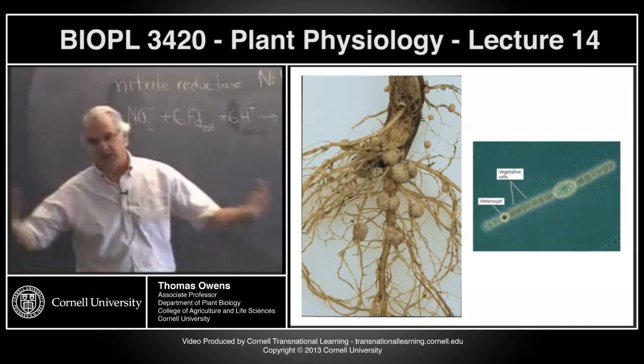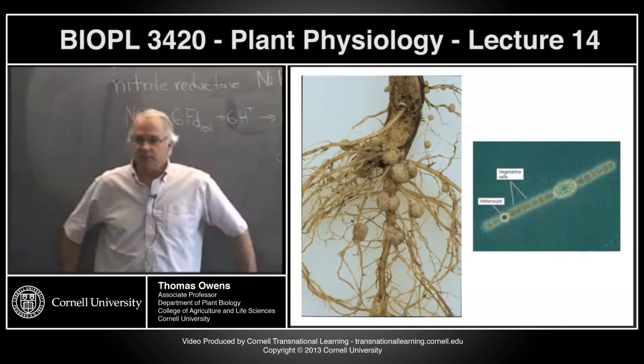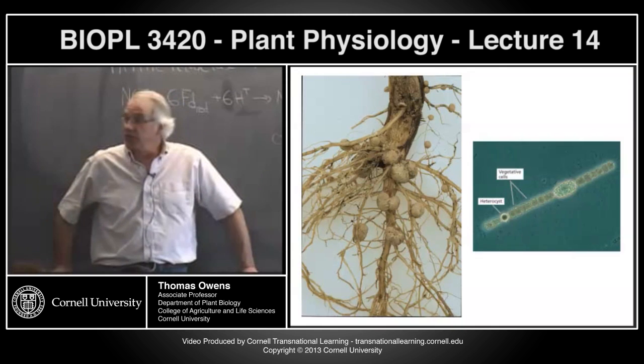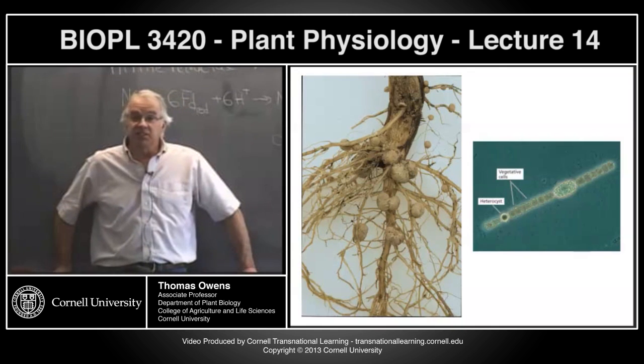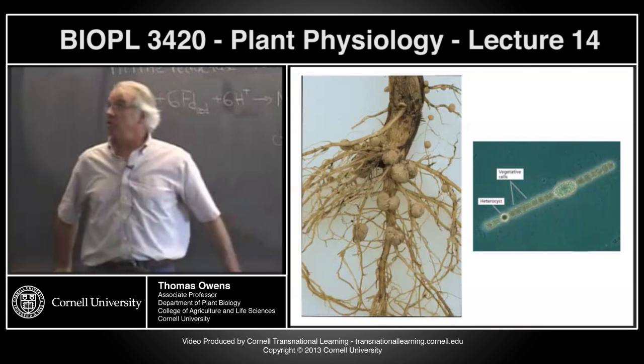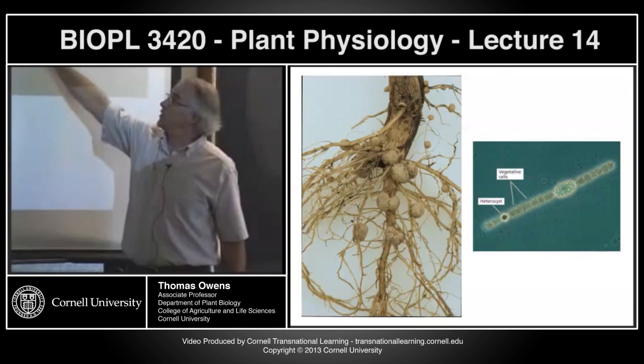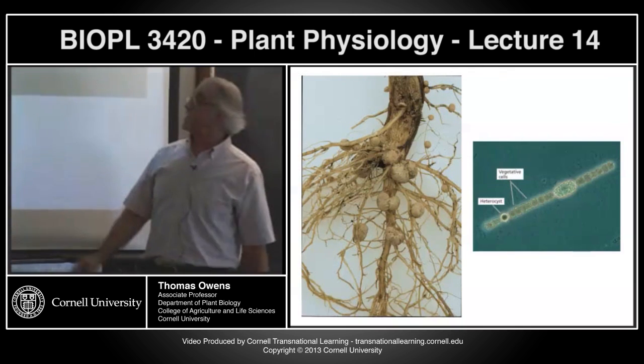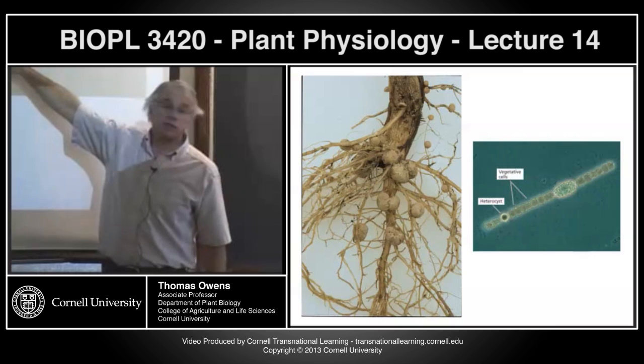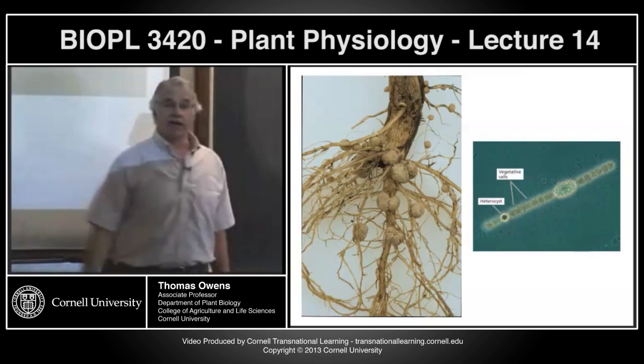So they have basically all the same electron transport stuff, all the same CO2 fixation. But in addition to that, under nitrogen-limiting conditions, certain cells in this filament of single-celled algae can differentiate to form what's called a heterocyst.